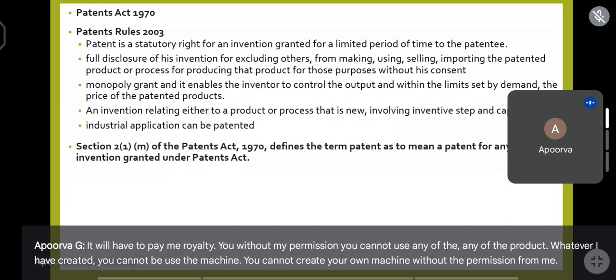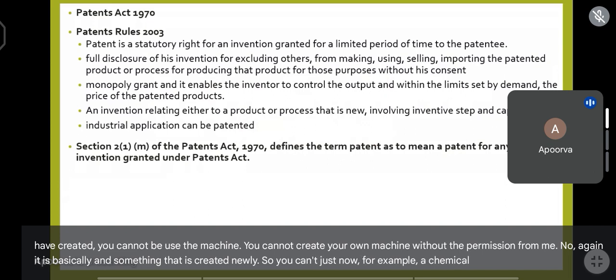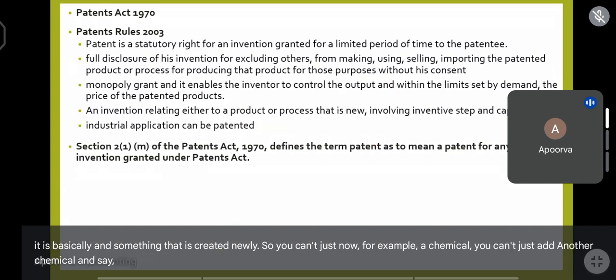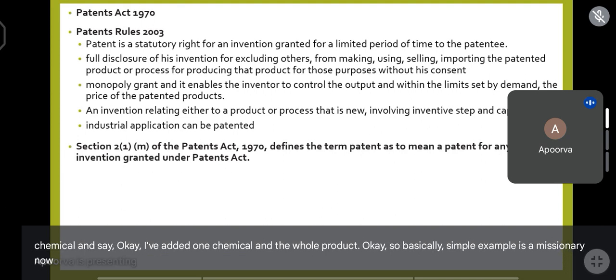Now, again, it is basically something that is created newly. So you can't just, for example, with a chemical, add another chemical and say, okay, I've added one chemical and it is a whole new product. A simple example is machinery. Biscuit making machinery.